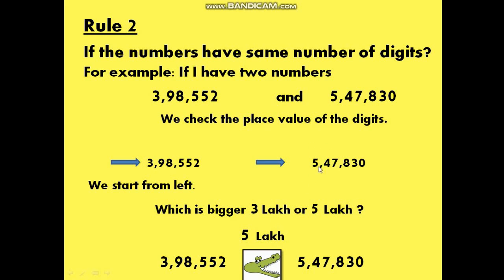Here 5. So, value becomes 5 lakh. So, which one is bigger? 3 lakh, 5 lakh. 5 lakh is a bigger number. So, the crocodile mouth is going to open towards 5,47,830, the bigger number. Greedy crocodile is going to eat this number only.